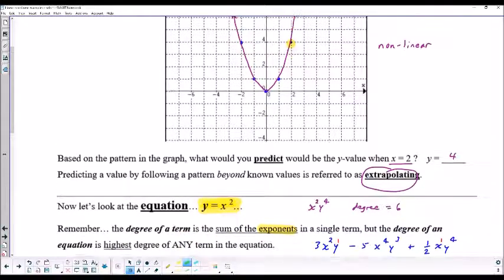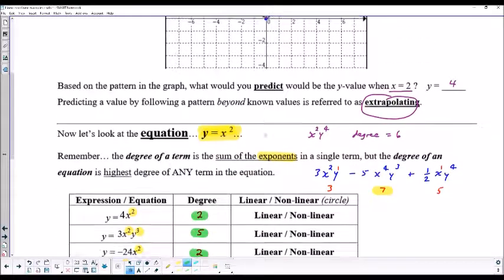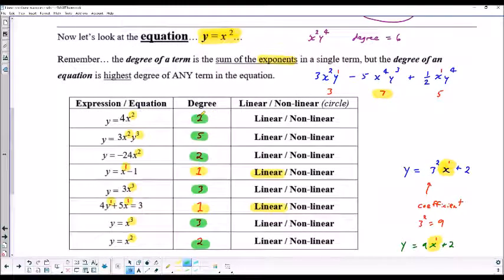That is a quadratic equation, or quadratic form of a curve. And the degree is 2. And we notice that that's nonlinear. Okay, so we know that is nonlinear. This degree of 2 is nonlinear. And obviously this one. So if they're degree 2, they're nonlinear.